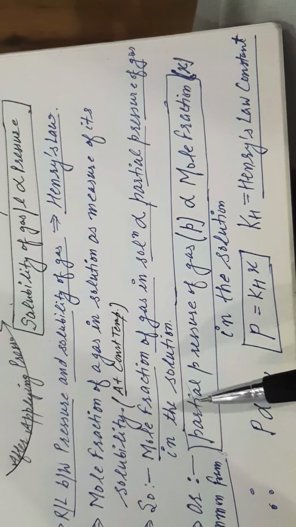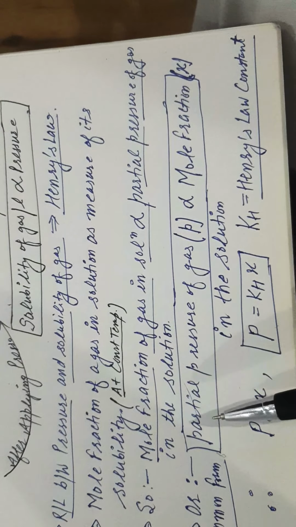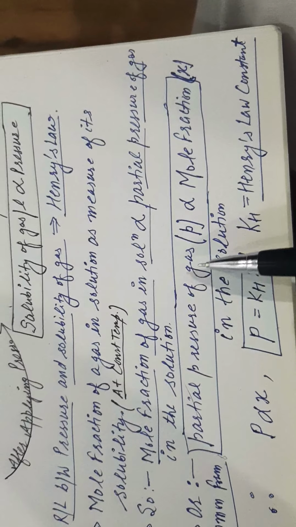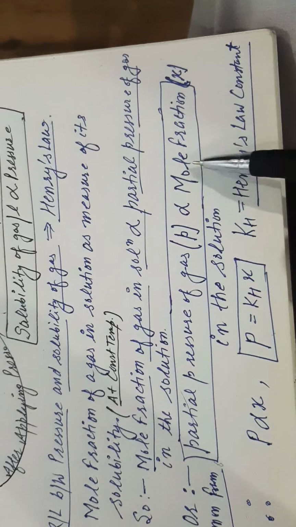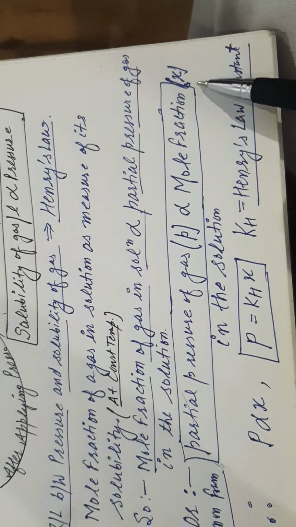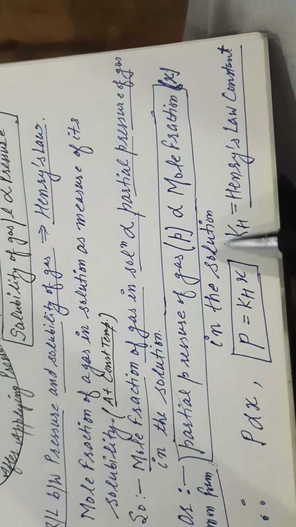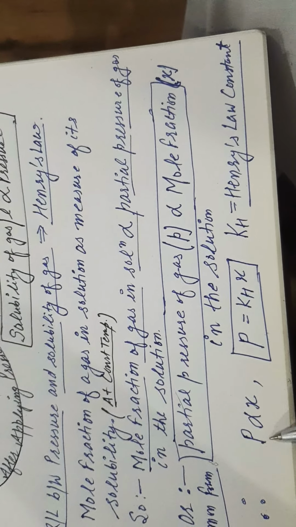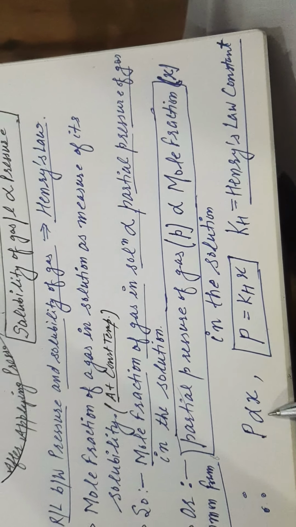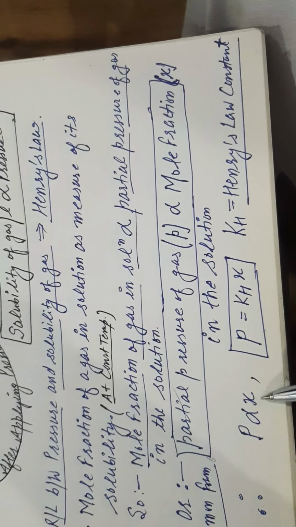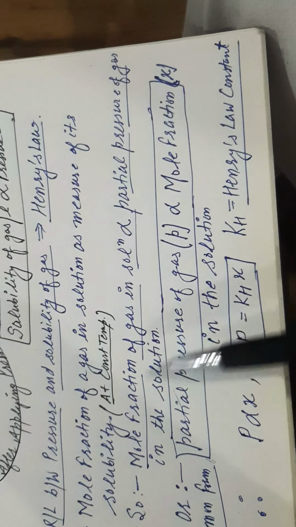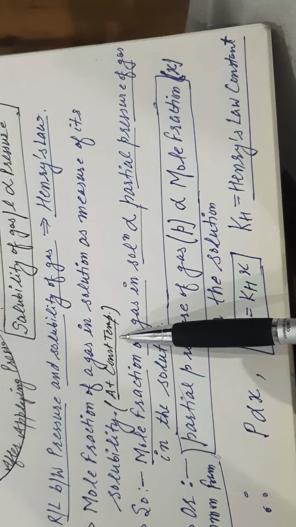Henry law को हम एक simple form में explain कर सकते हैं, that is the partial pressure of a gas denoted by P is directly proportional to the mole fraction X in the solution, or we can say mathematically P, the partial pressure of a gas, is directly proportional to X. X is the mole fraction, and this mole fraction denotes what? Solubility at constant temperature.